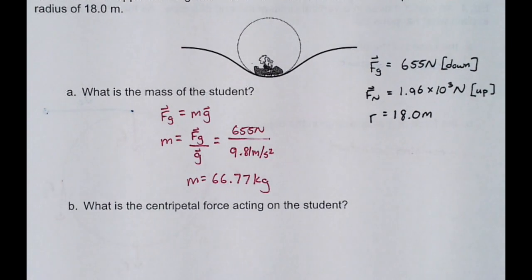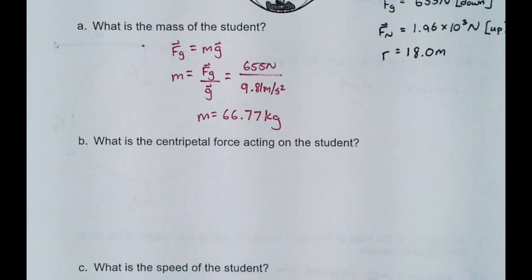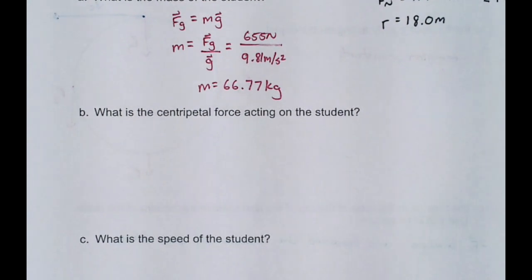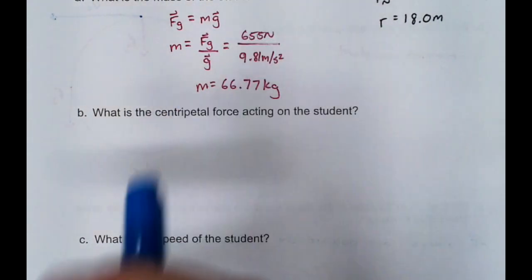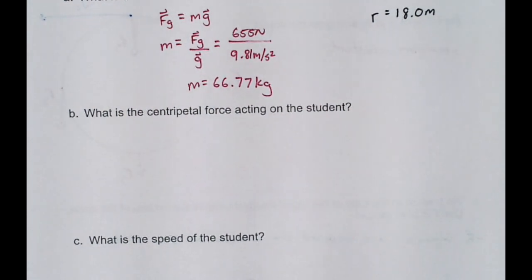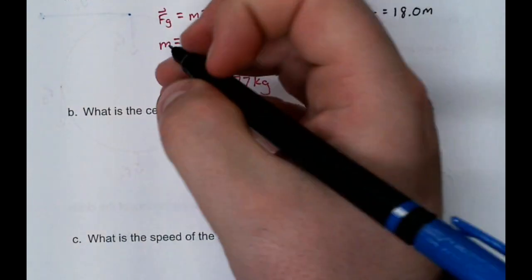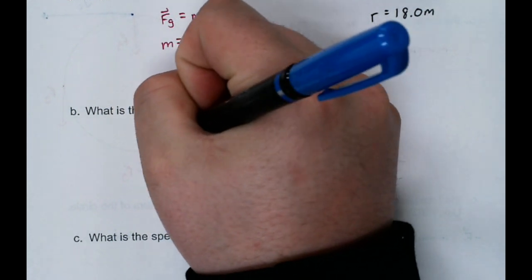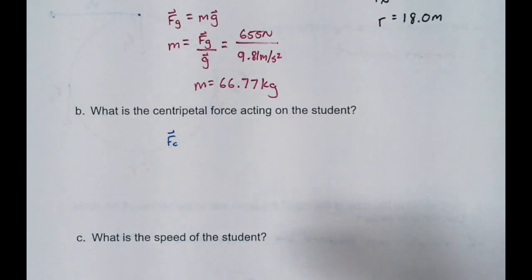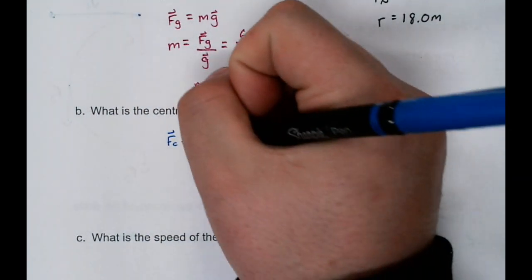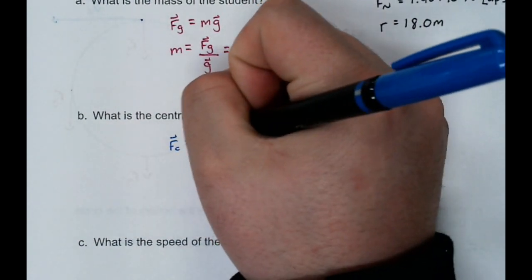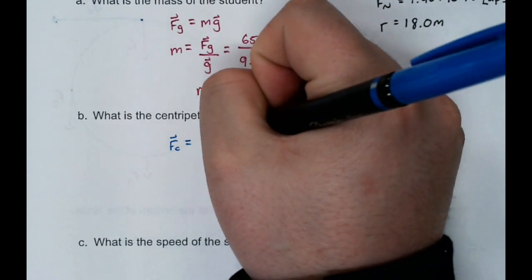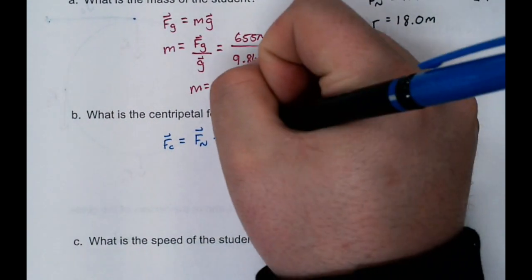The next part of the question wants us to determine what is the centripetal force acting on the student. So remember, the centripetal force is the net force. It's all of the forces added together acting on a person or an object in circular motion. So in this case, we are going to have the normal force, or the apparent weight, plus the force due to gravity.